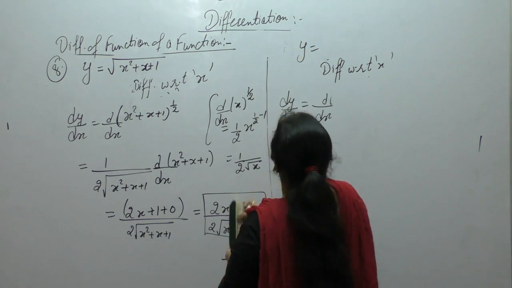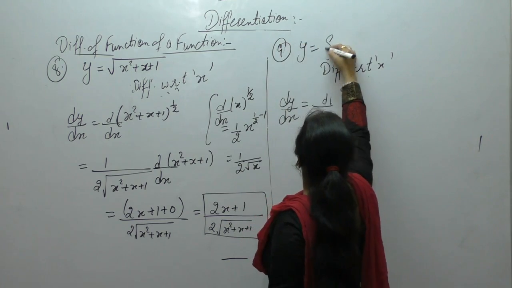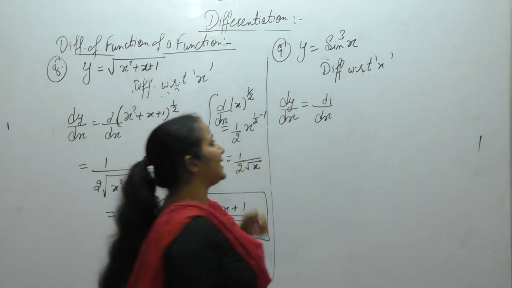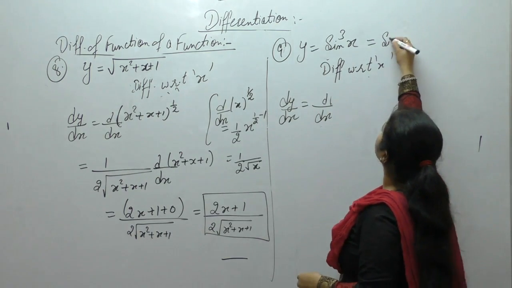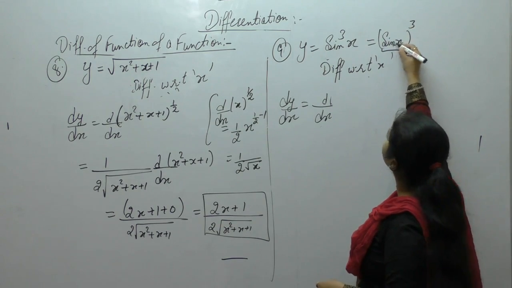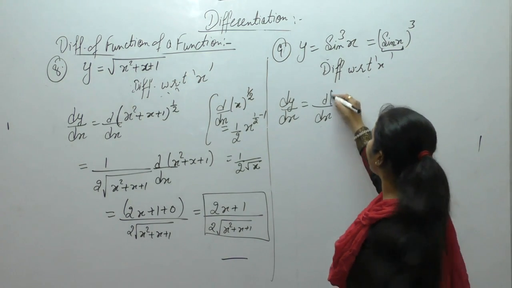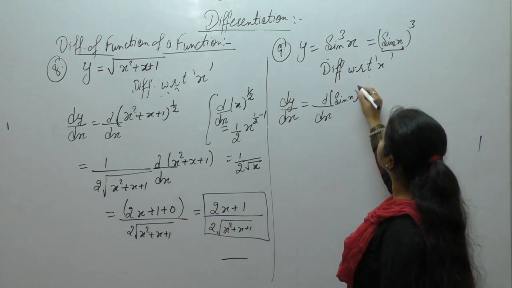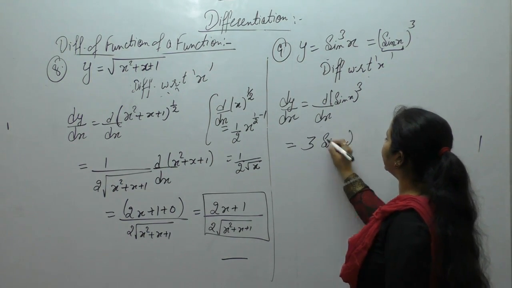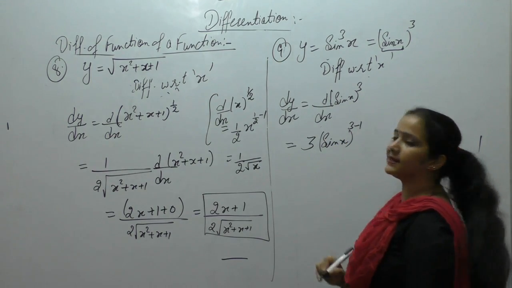Next one is y is equal to sine cube x. We can write it as sine x cube. Now suppose this is the term x. The derivative of x power n is n x power n minus 1, so 3 minus 1.